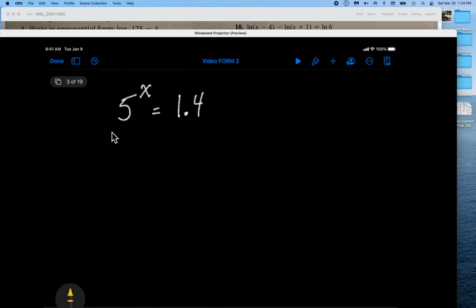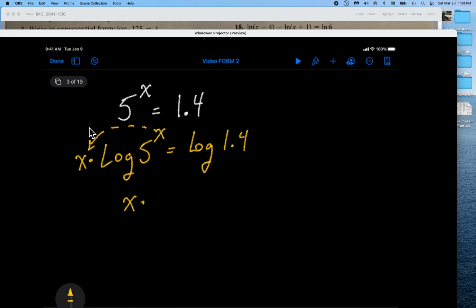Now you could either use log or natural log. The key is to use something that is calculator friendly. So let's use log of 5 to the x equals log of 1.4. We're now going to take advantage and bring that x in front.